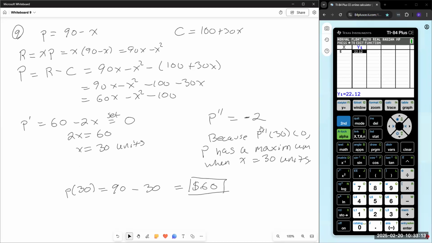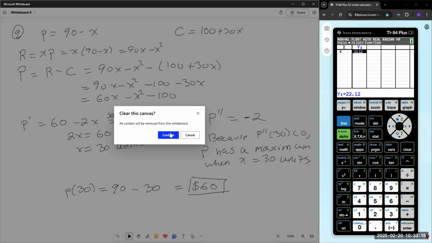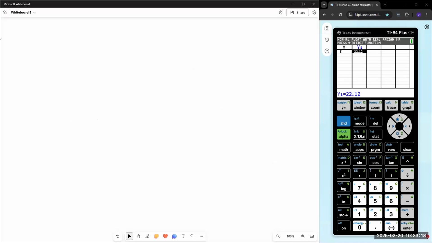Let's go ahead and look at number 10. Number 10 says that little p price is equal to 70 minus 0.01x. Capital C cost is 8,000 plus 50x plus 0.03x squared.